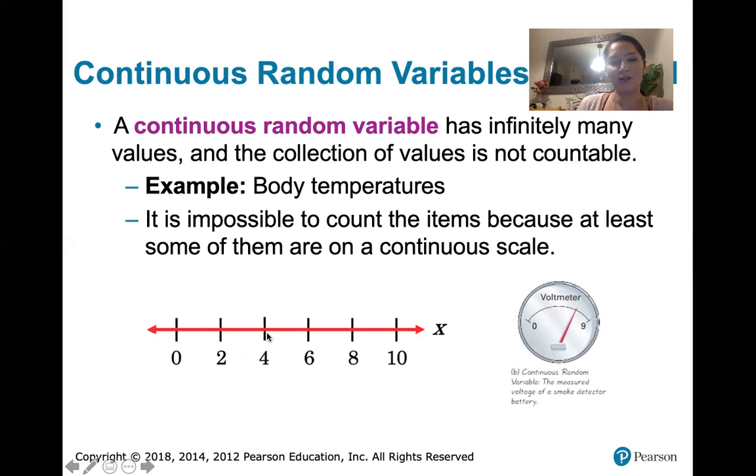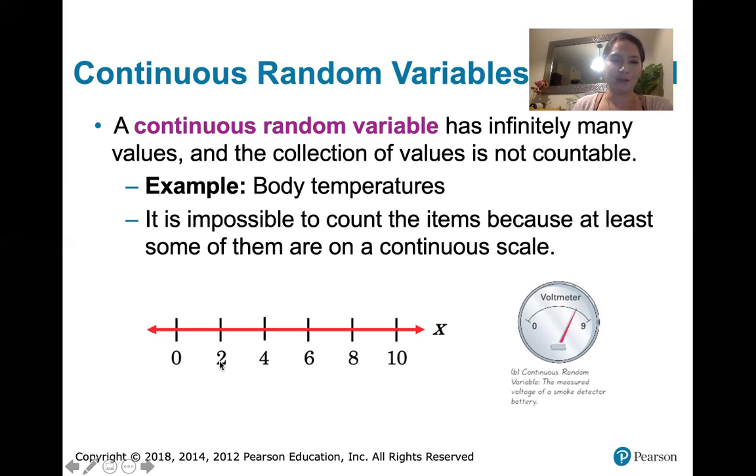If you were just looking at all the values between 4 and 6, there are actually infinitely many numbers between 4 and 6. If I tried to count them by drawing a bunch of dots, there would always be a tiny gap in between my dots. Every time I try to count those inside, there's another gap and I would always miss some.